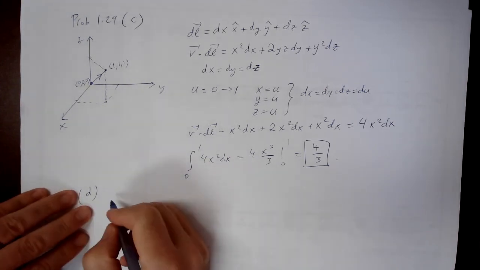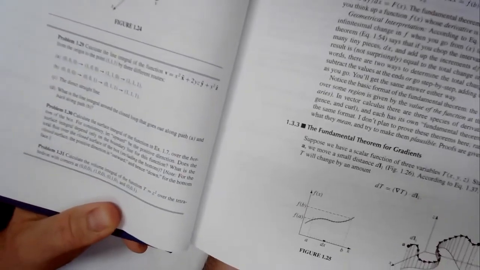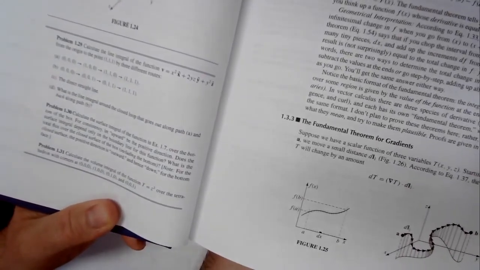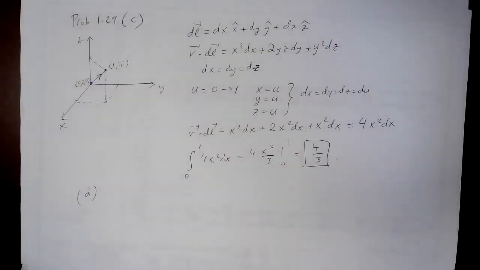Part D here is obvious. It asks, what's the line integral around the closed loop that goes along path A and comes back along path B? Since you're coming back to the original point, you're creating a full loop, you just need to look at the values you obtain in those two paths.